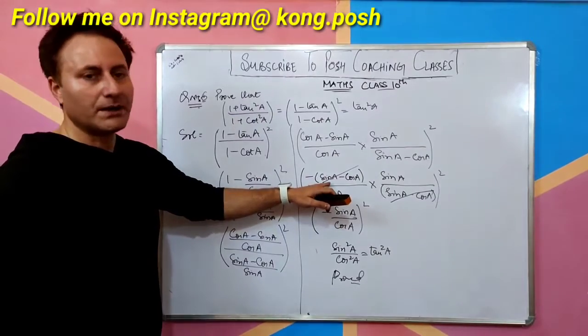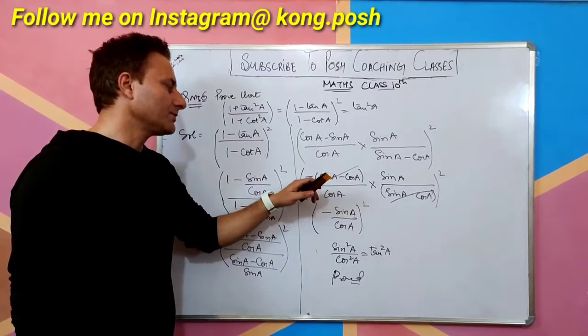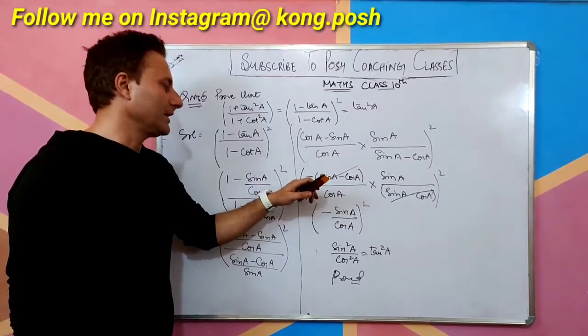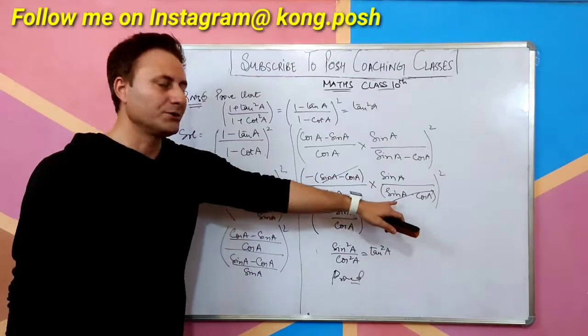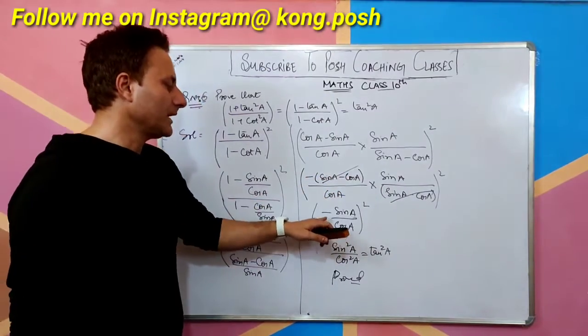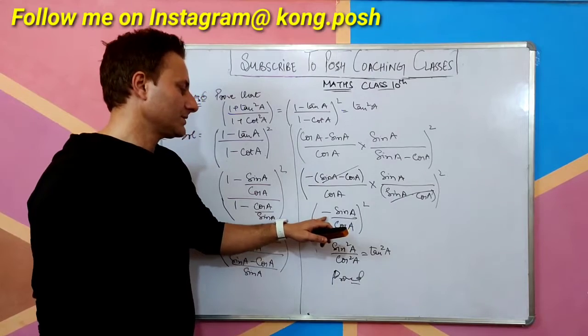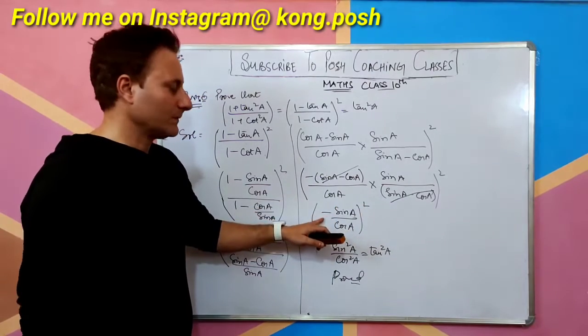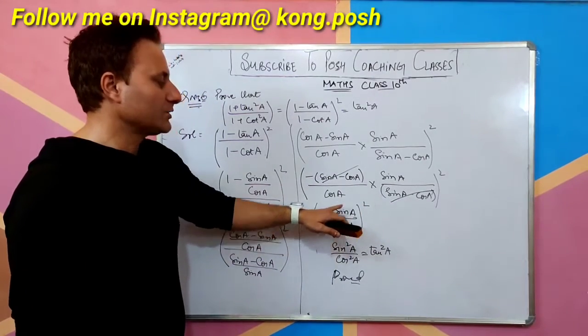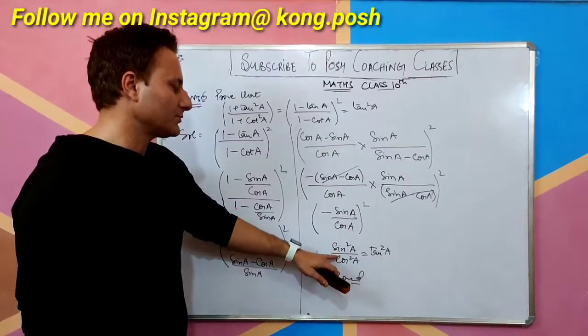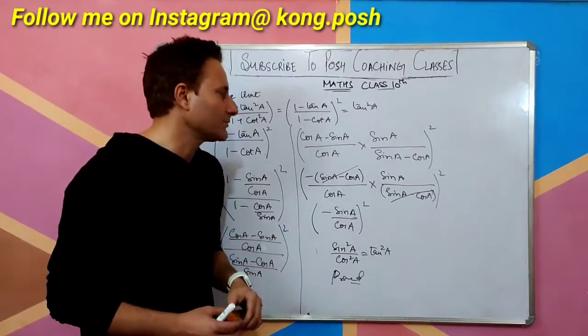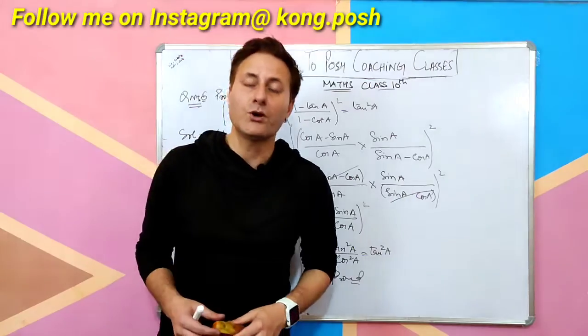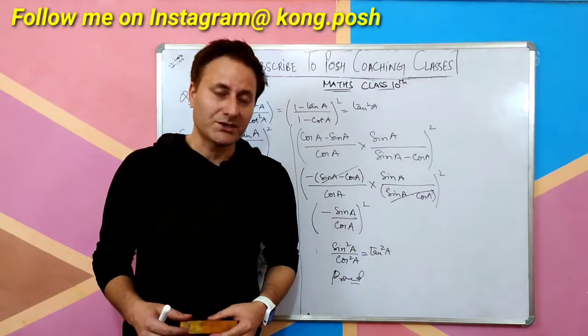The only tricky part is this. What I did, I just took minus common, and after taking minus common I could cancel these two, and after that minus, it was just because there was a square, so it will just go. So minus into minus plus, and then we have sin square A upon cos square A, that is tan square A. Right, so I hope you are clear with this question as well.